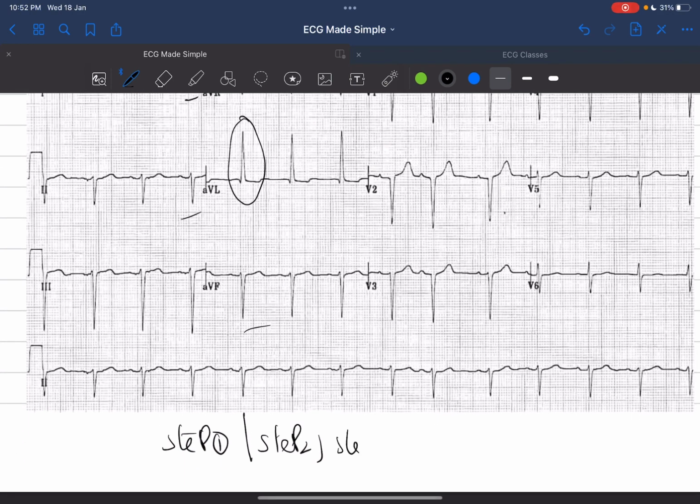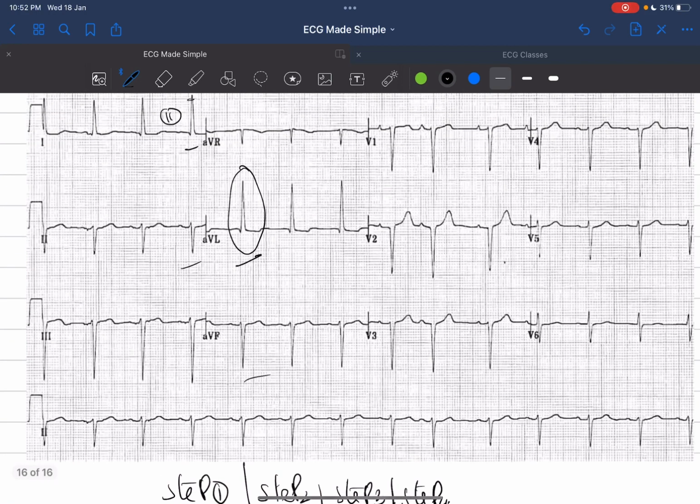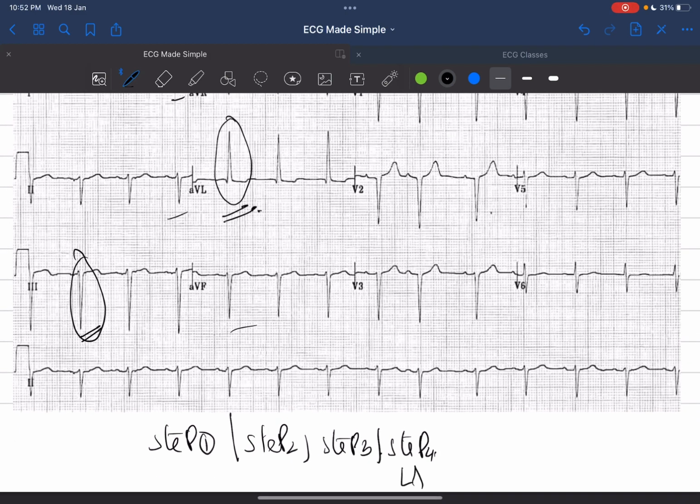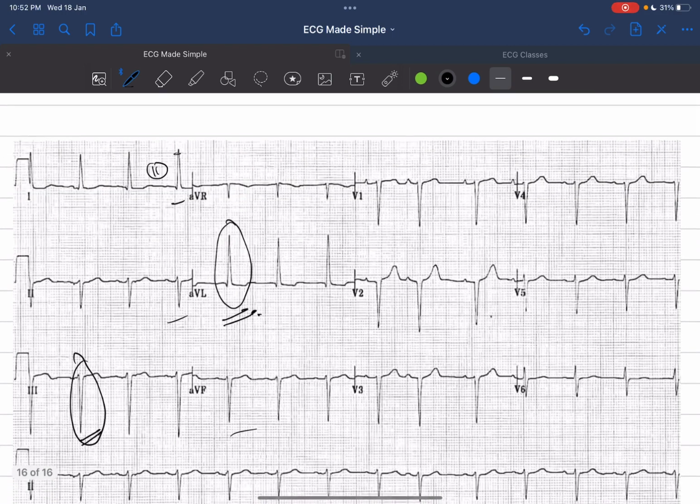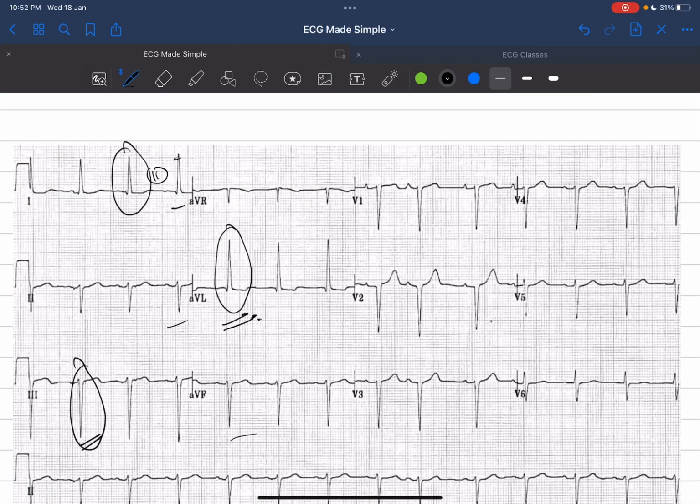In step 3, lead 3 is not positive, so we go to step 4. In step 4, AVL has the tallest QRS complex and lead 3 has a negative QRS complex. So this is an example of left axis deviation.